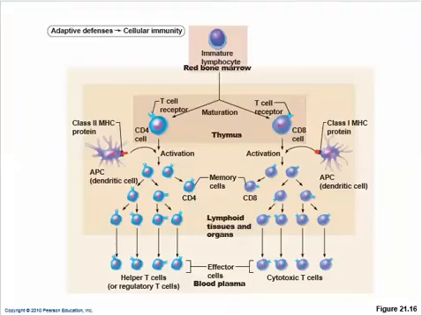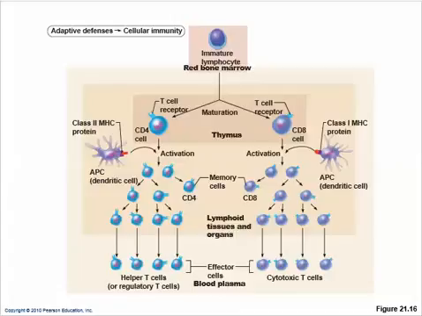So you get an immature lymphocyte in the bone marrow. It migrates to the thymus, where it matures and gets its receptors. If it gets a CD4 receptor, it is destined to become a helper T cell. If it gets a CD8 receptor, it is destined to become a killer T cell.